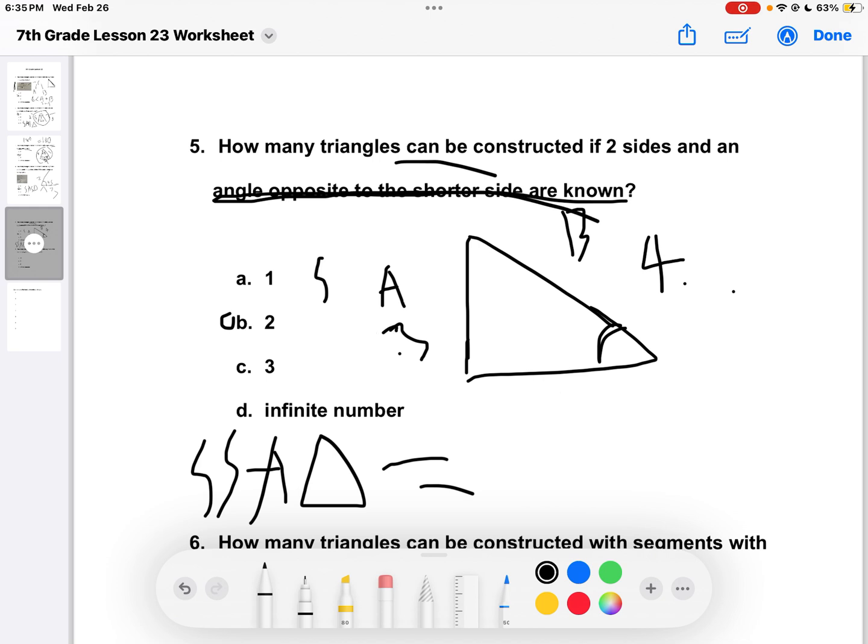So if A was shorter, then we'll know this angle. But if B was shorter, then this would be the angle. So we could make two different triangles using the SSA. Using the SAS, we can make one, and using the SSA, we could have a possible total of two triangles.